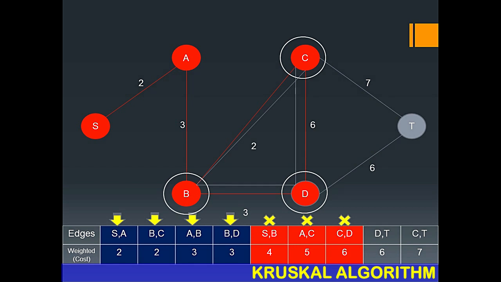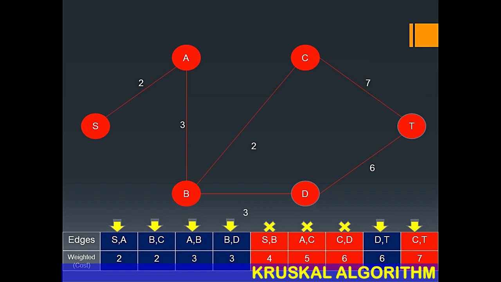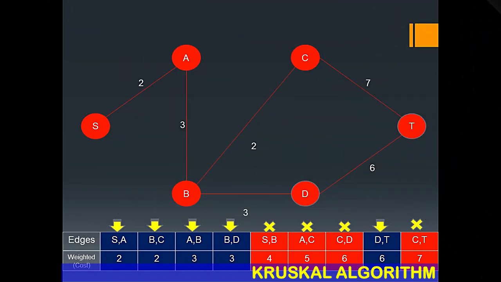Edge CD also forms a cycle with a weight of 6, so we will discard it. Edge DT with a weight of 6, there is no cycle formed, include it in our spanning tree. Edge CT with a weight of 7, we notice that it forms a cycle together with edges DT, BD, and BC, so it will be discarded.